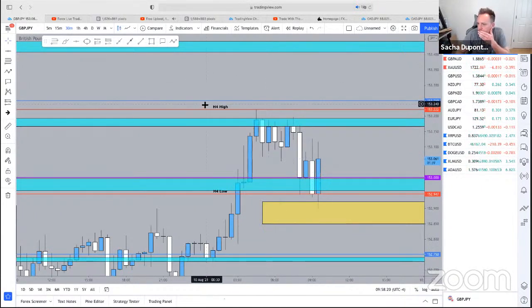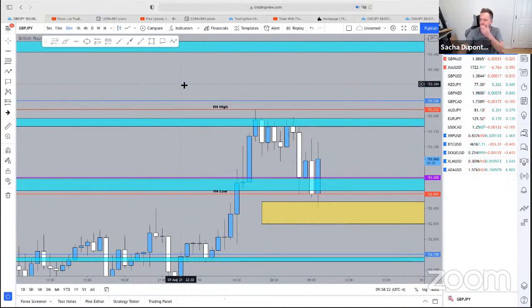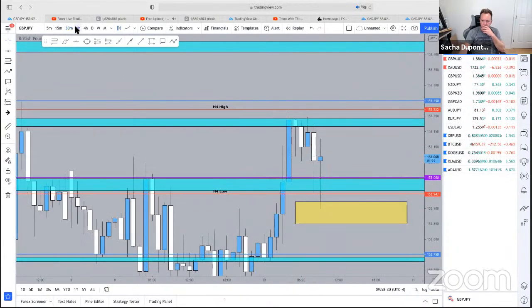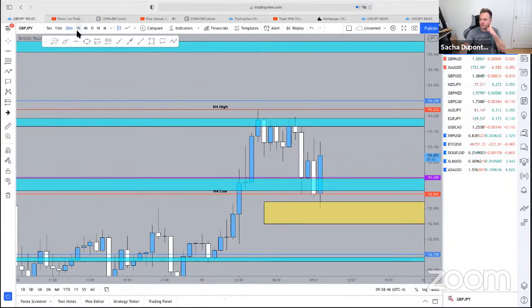I don't like the fact that this one didn't break the high. Yeah, this is a tricky area here.